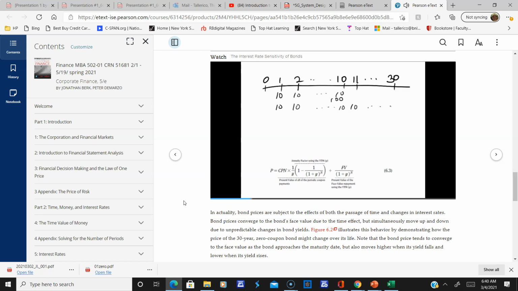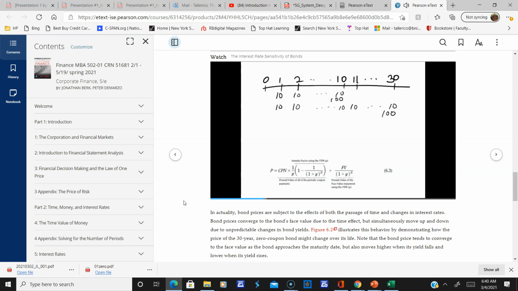It keeps going all the way to year 30, at which point it will pay the $100 in face value. So what we have to do is figure out how we're going to price these bonds, and we'll price them at a 5% yield to maturity and a 6% yield to maturity.